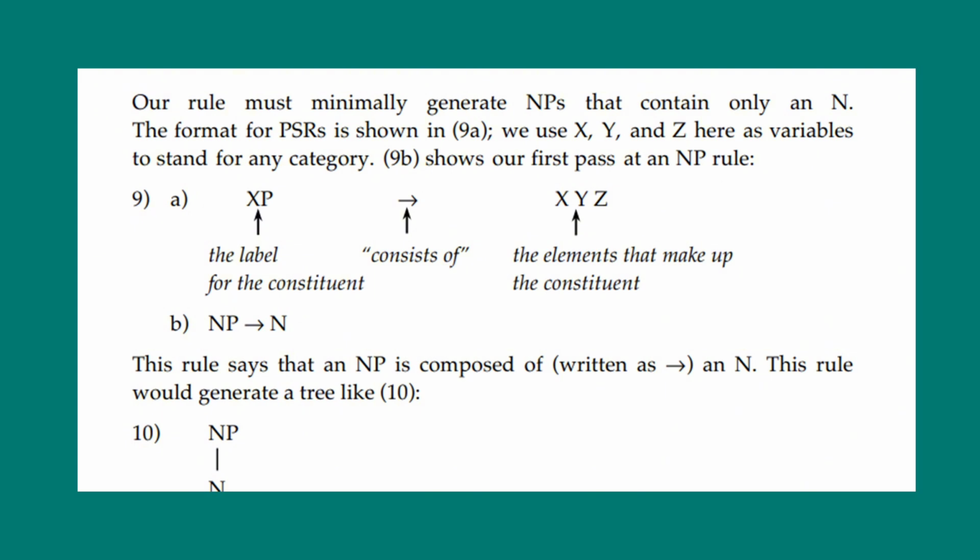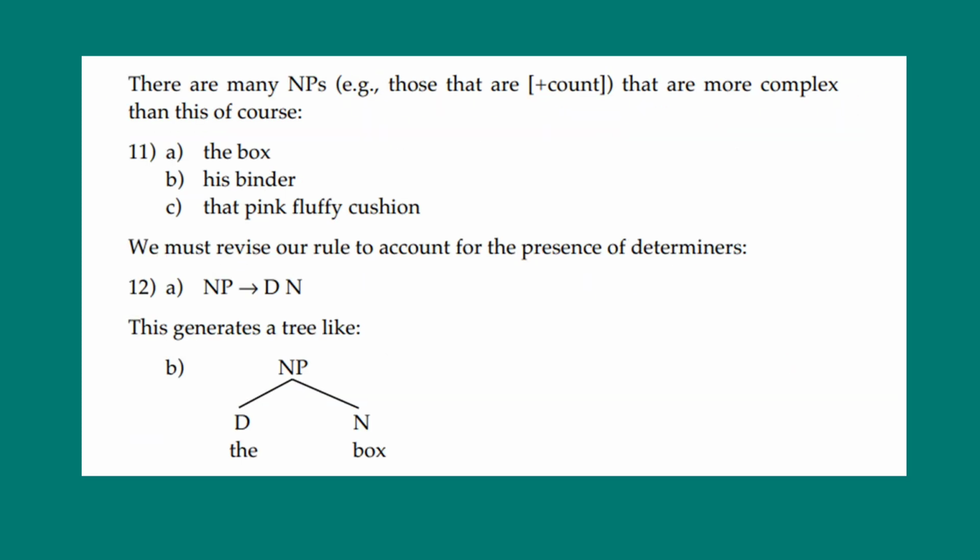So the label for the constituent is the XP, which consists of, as you can see, the symbol, and X, Y, Z, these are the elements that make up the constituent. So in letter B, NP arrow N. Now this rule says that an NP is composed of, written as this arrow here, an N. So this rule would generate a tree like figure number 10, the NP and N. There are many NPs, for example those that are count nouns, that are more complex than this, of course.